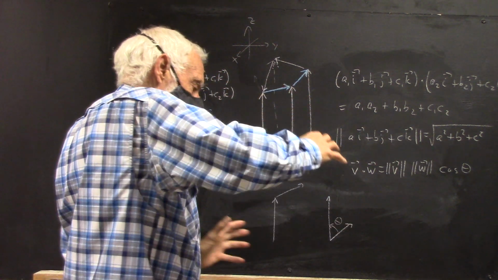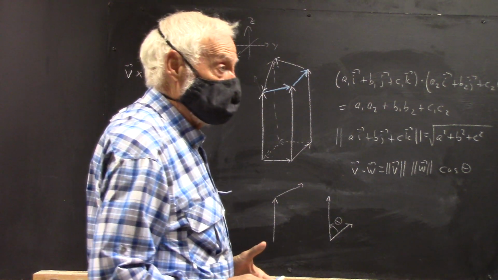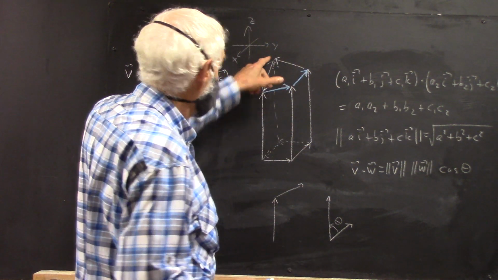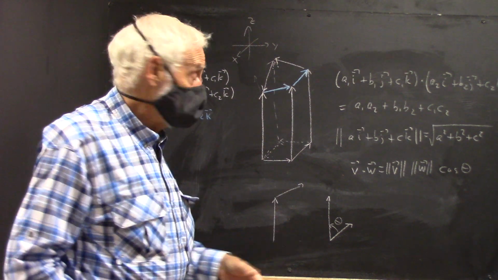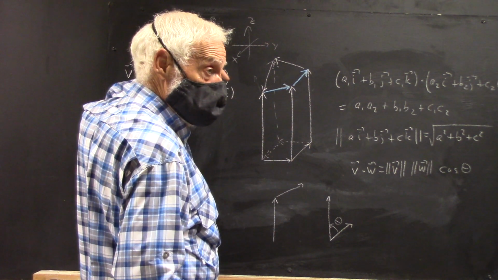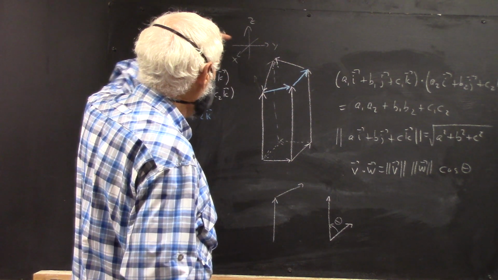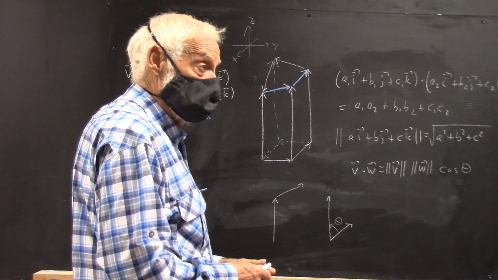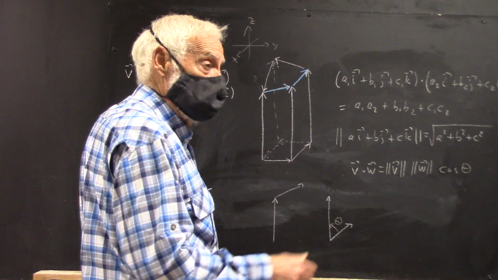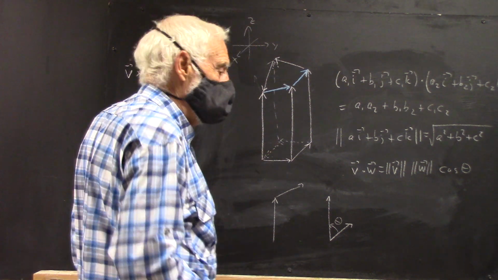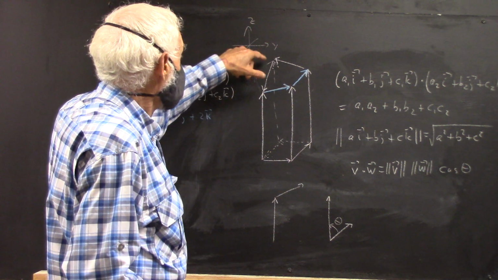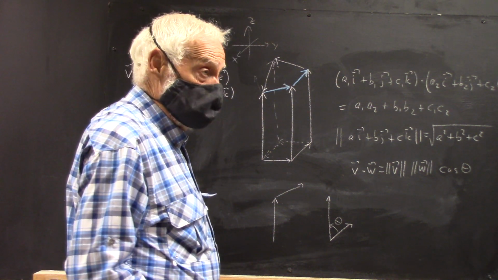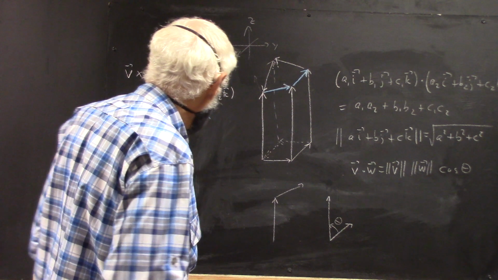No reason you can't rotate this thing around to any angle you want to, but this is the simplest way to look at it and the way it's going to be compatible with everything you see in your text and everywhere and in class. So X out this way, Y this way, so it's a right-hand coordinate system. From X to Y is a 90-degree angle counterclockwise. From Y to Z is a 90-degree angle counterclockwise, right? That's what we mean by right-hand coordinate system.